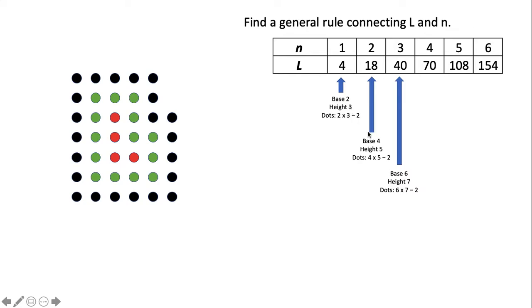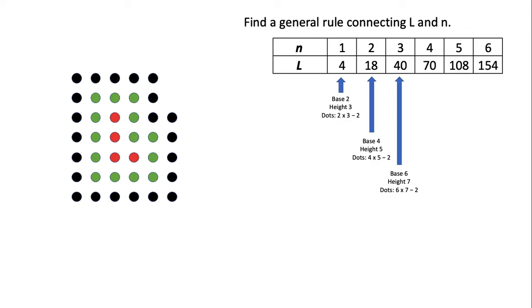It's going 3, 5, 7. So you can predict the next one would be 9. And it's increasing in 2s because you're adding a row at the top and a row at the bottom. So the number of dots in total is 6 times 7 minus the 2 missing ones. And you can start to see a pattern for it. So the bases are going 2, 4, 6, 8, 10.